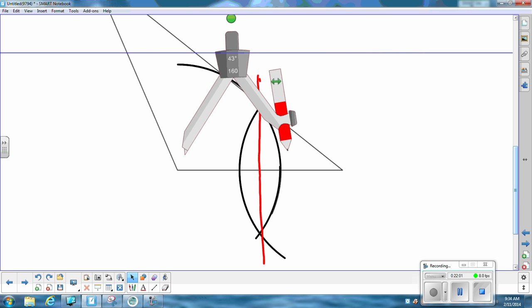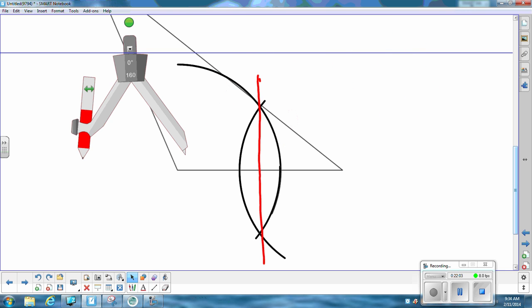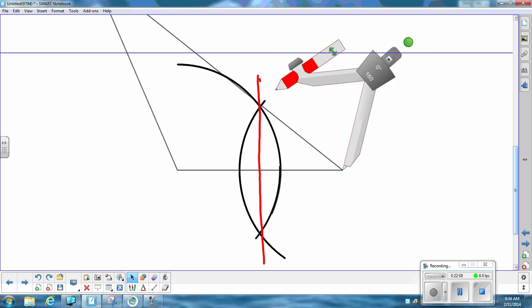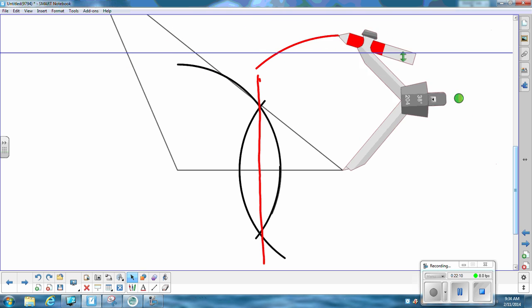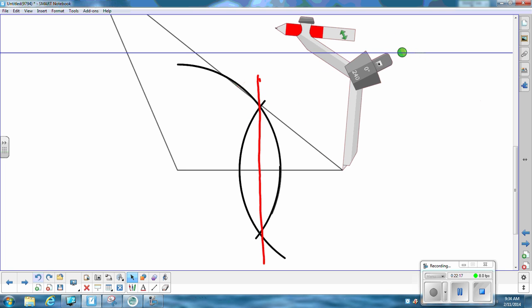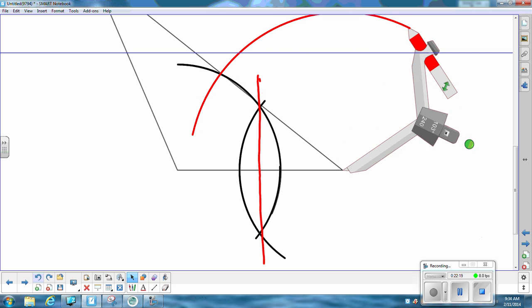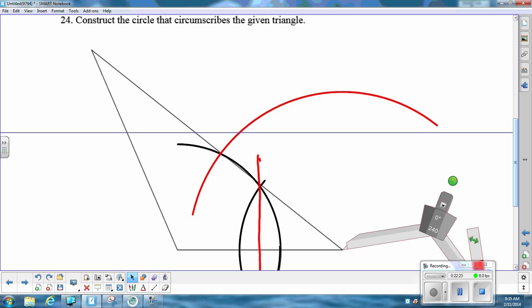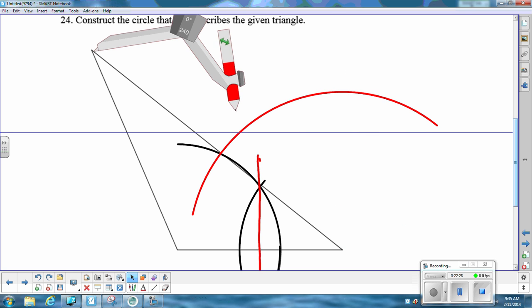Now I need to go and do the same construction on one of my other sides. To make it more than halfway. Draw an arc. I don't believe that's more than halfway. Draw my arc. And I have to go over and do it up on the other side also.